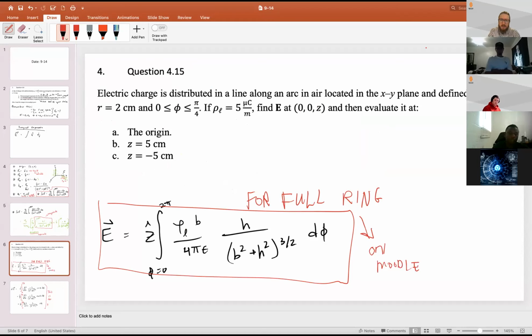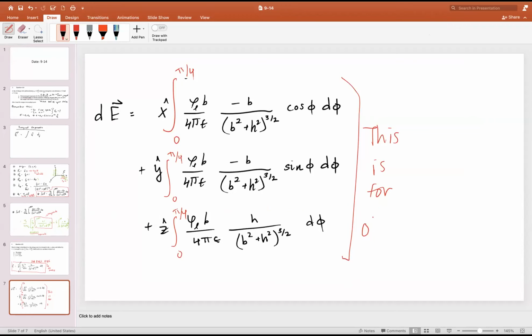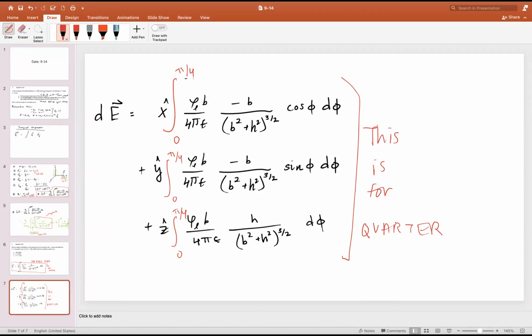But for this quarter of a ring, you will instead need slightly different ones, and this is for this quarter ring. Or actually, this is not even a quarter ring. This is an eighth of a full ring.